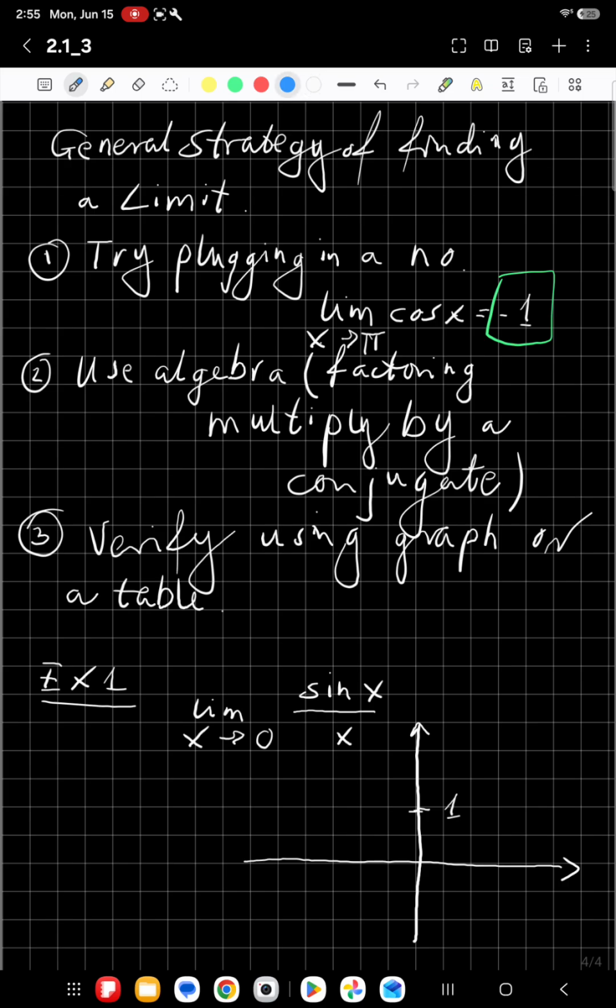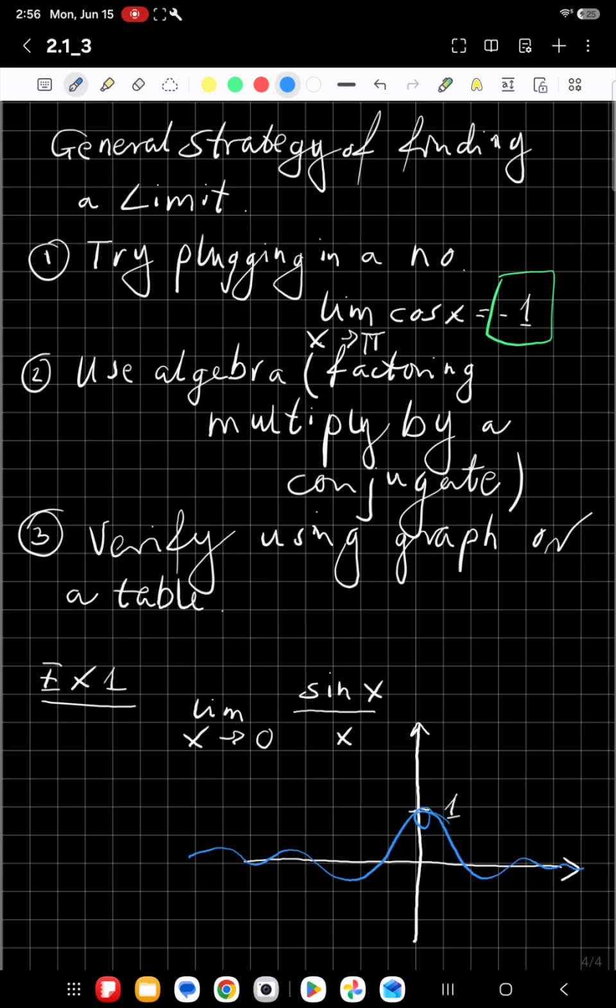The graph is a sinusoid of decreasing amplitude, so those waves are getting smaller and smaller the farther I get from the y-axis.